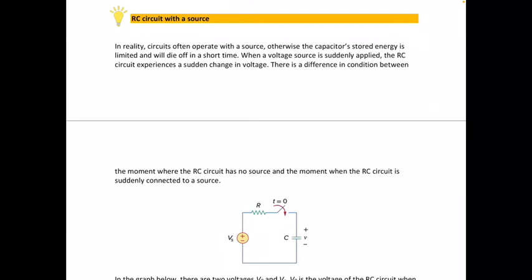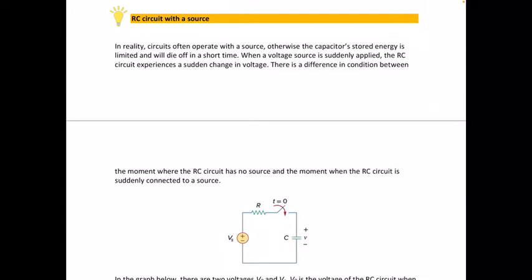So in our analysis of RC circuits with a source, we need to understand that there are two parts again: the part where the circuit responds naturally, and the part where the circuit responds under the influence of an external voltage source.